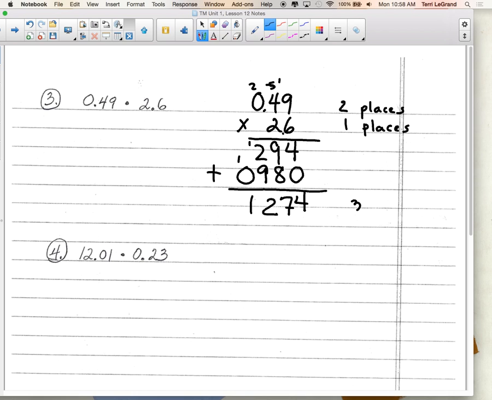Altogether, we need 3 places, don't we? 2 and 1, we need 3. So we start here, 1, 2, 3, and we're going to say that our answer is 1 and 274, what? Thousandths. And this is our answer. Here is our answer.